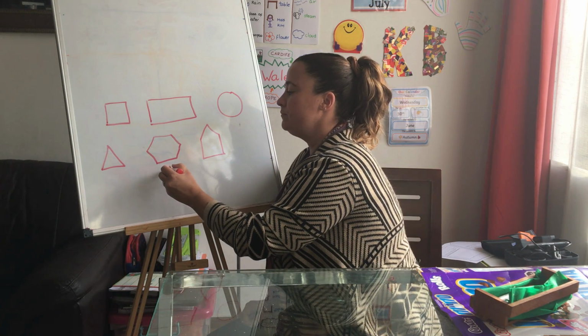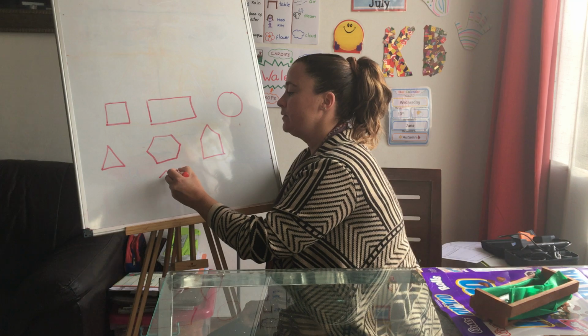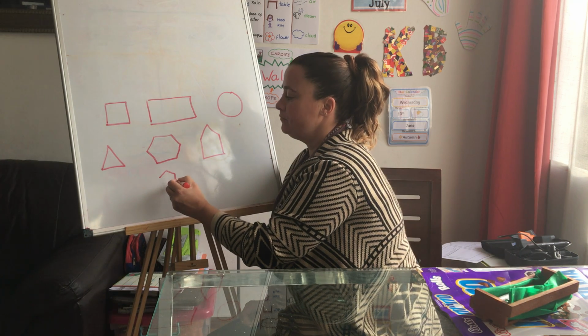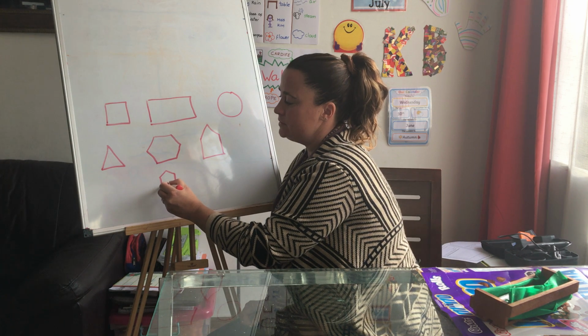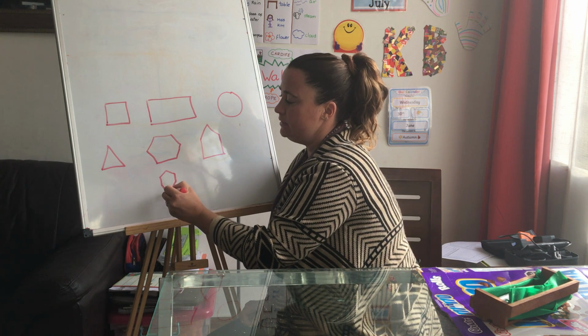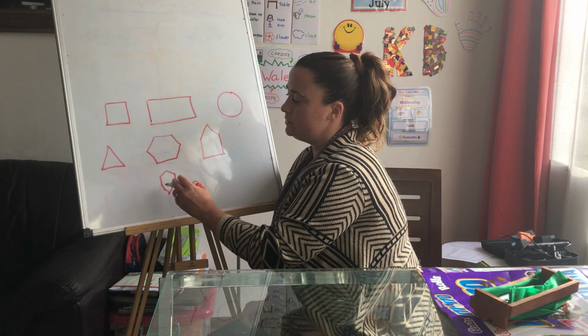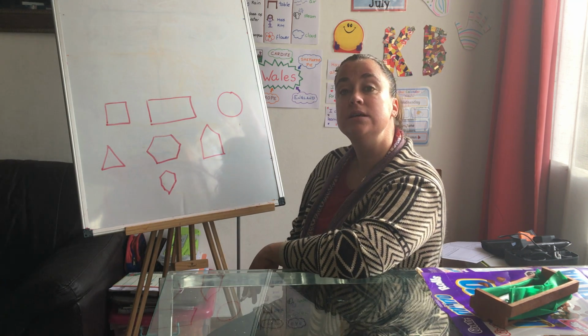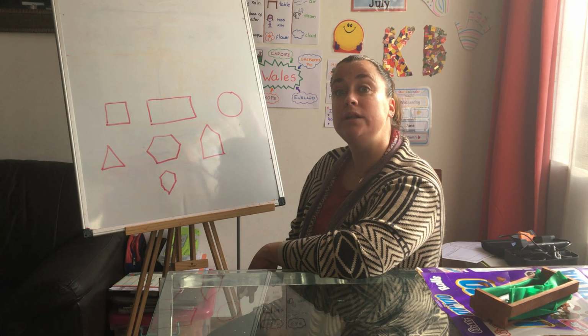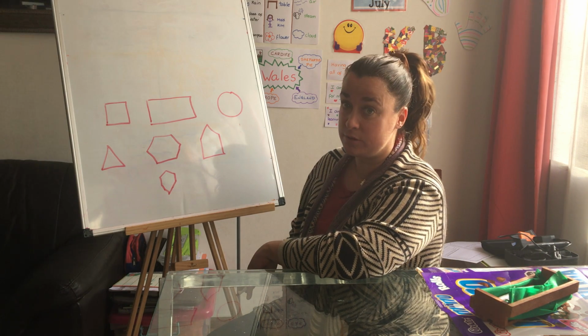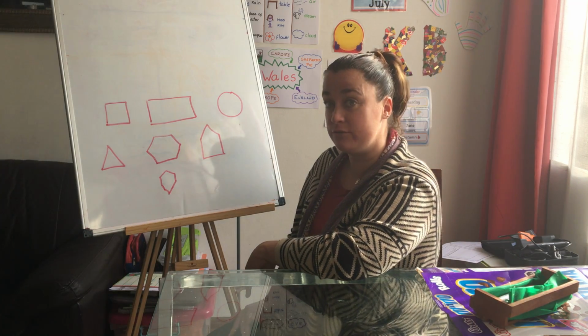What about this one? 1, 2, 3, 4, 5, 6, 7, 8. There we go. It's a little bit strange, but it doesn't matter. 8 octagon. Well done. And then we've got other ones, right, that we can use as well for today.